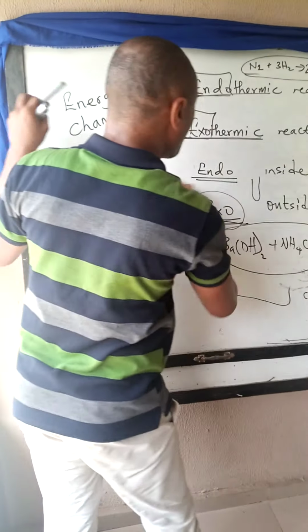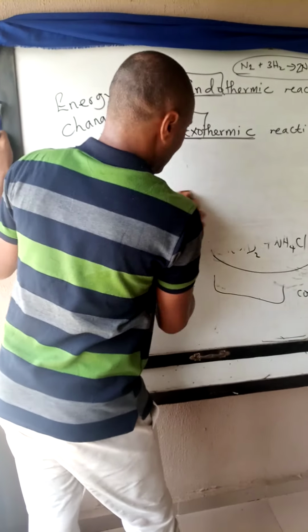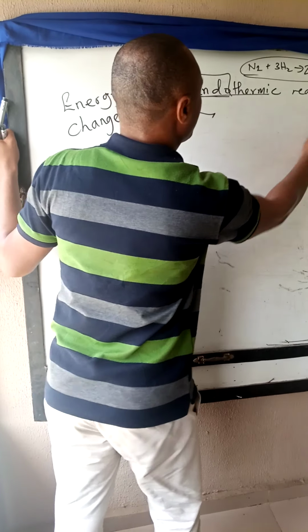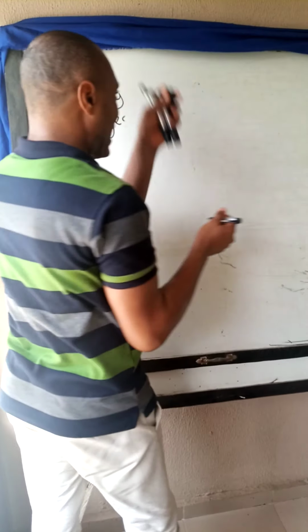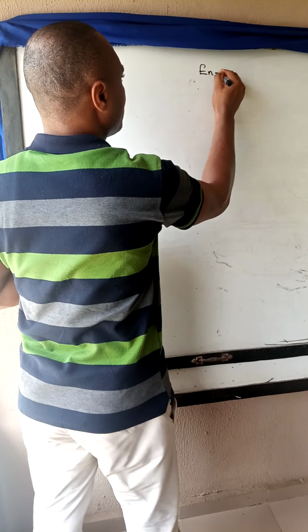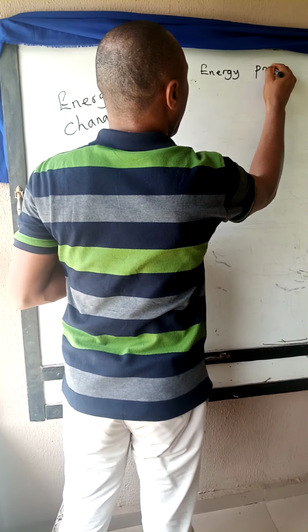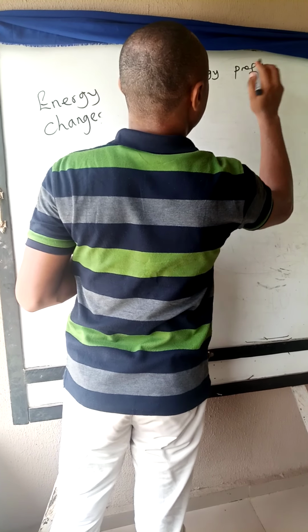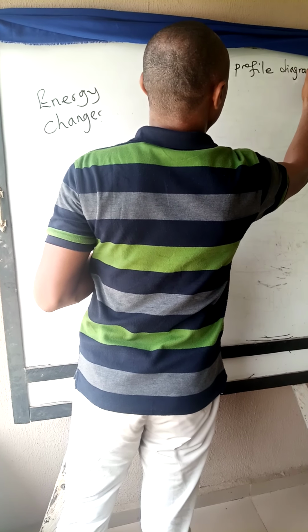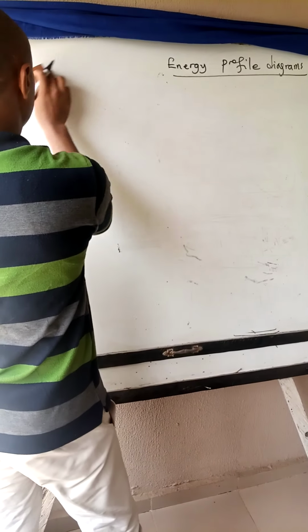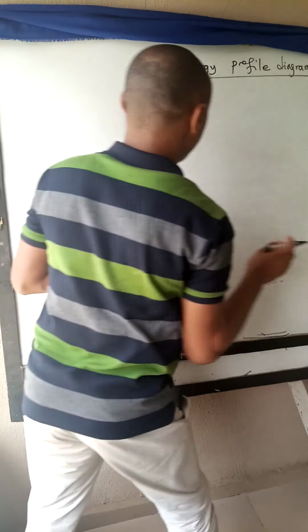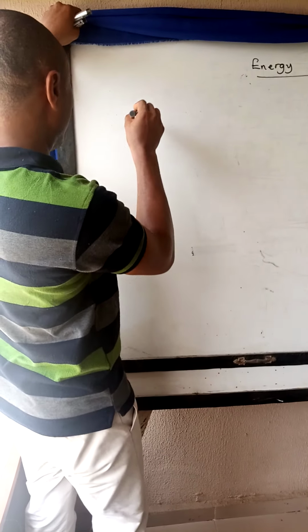Now, I want to give you a better understanding of endothermic and exothermic processes. Look at this, an energy profile diagram. I will draw two main energy profile diagrams, one for endothermic and one for exothermic. Pardon me, I'm a very good artist, so I'm going to draw it very well.